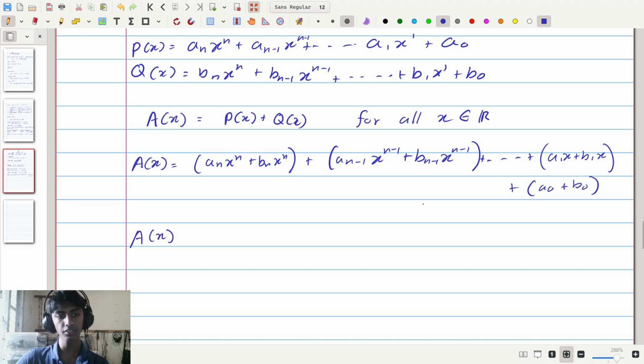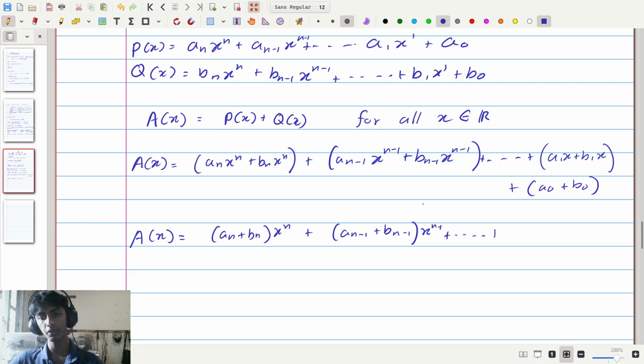We get that h(x) is equal to (a_n plus b_n) x^n plus (a_(n-1) plus b_(n-1)) x^(n-1) plus dot dot dot all the way down to (a_1 plus b_1) x^1 plus a_0 plus b_0. So what happened here?